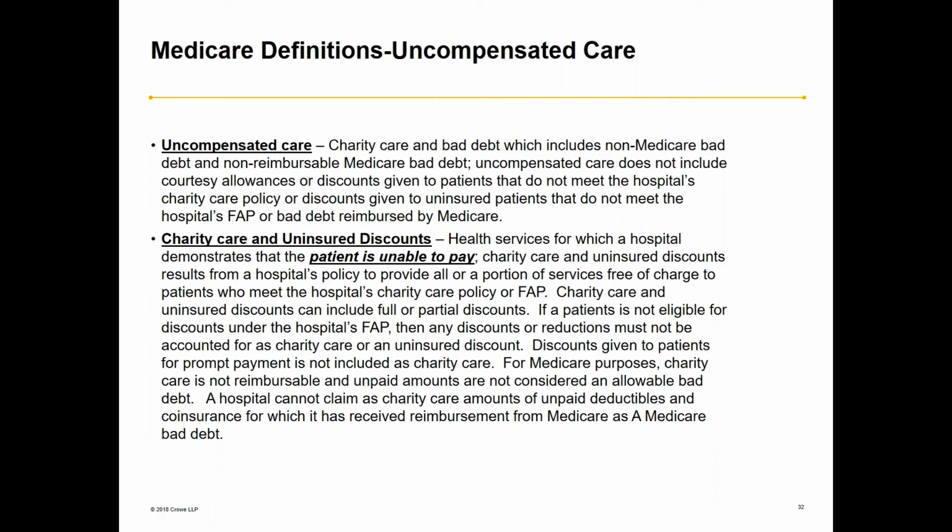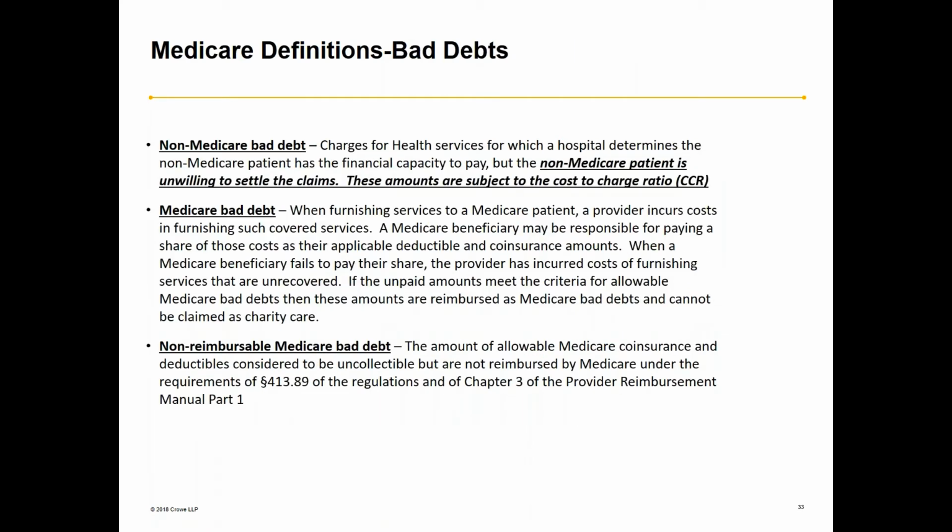The patient can't simply come in and say, I'm not able to pay my bills, and you give them charity care. The hospital has to follow its policies, make its determination of whether the patient is able to pay, and document what information it looked at to show that they are eligible for charity care.